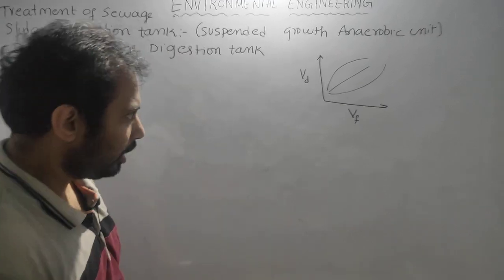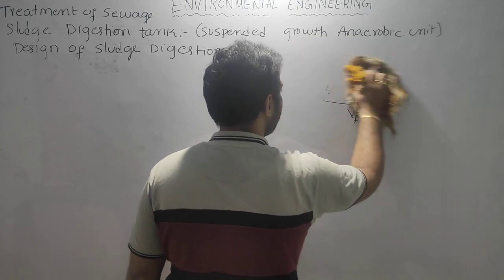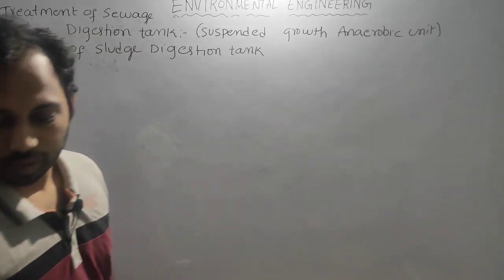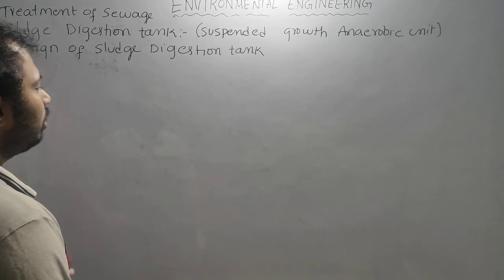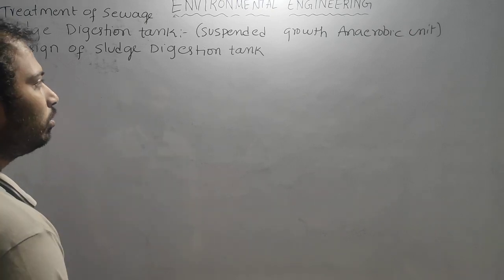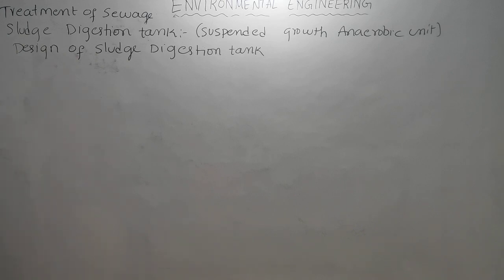So generally it may be linear or it may be a second degree curve, that is parabola. That is why if it is linear we use one kind of formula, and if it is not linear then we use another kind of formula. First of all, let us see the formula we use if it is linear.